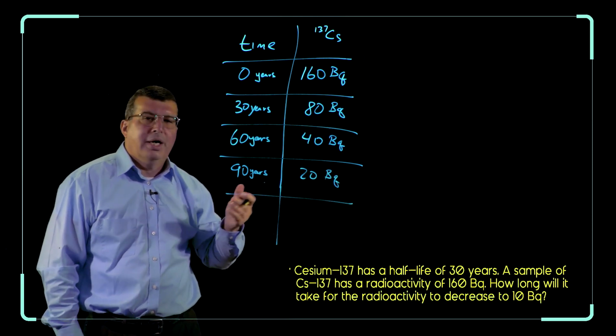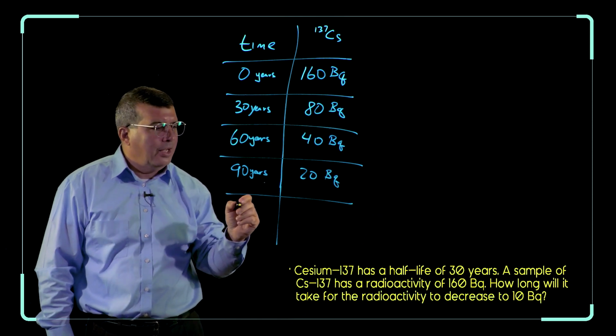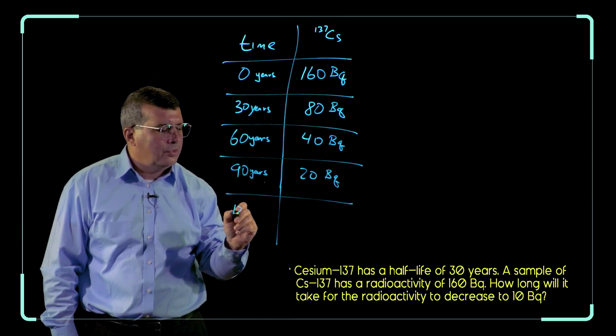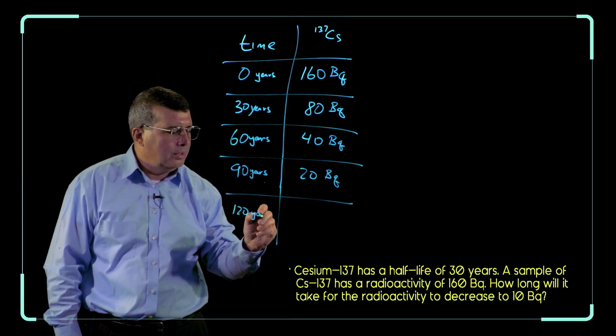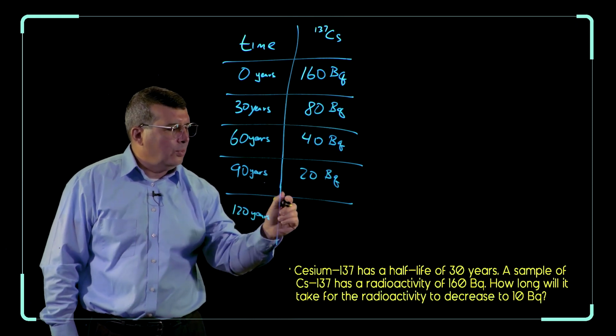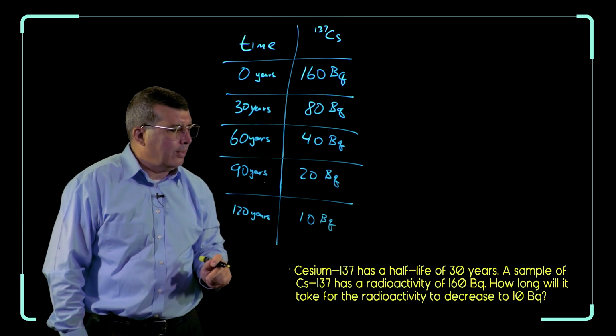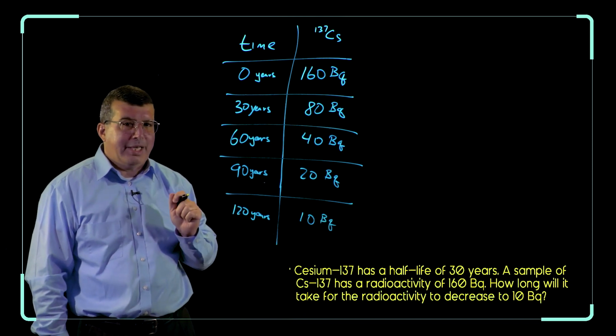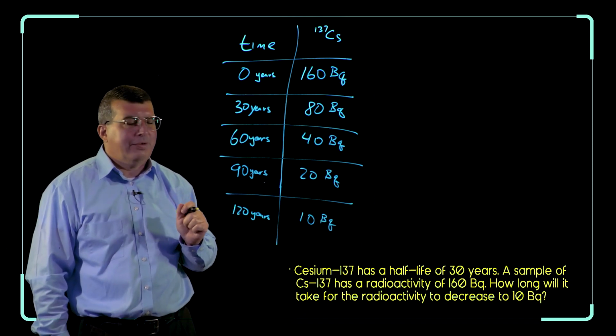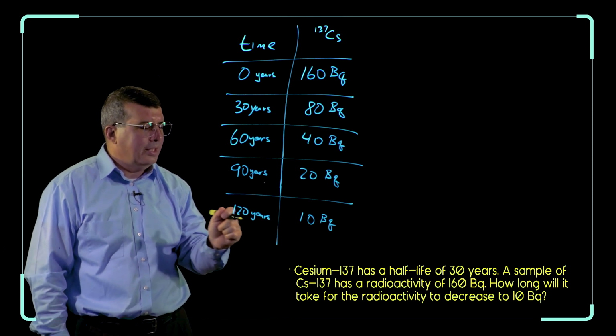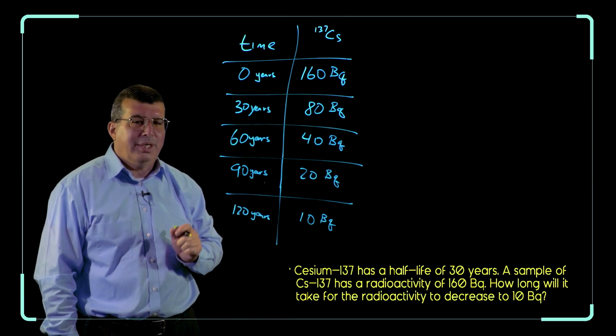And finally, another half-life, so another 30 years, so 120 years. We'll cut that 20 in half to 10 becquerels. And that's what we were asked. How long will it take for the radioactivity to decay to 10 becquerels? The answer is 120 years.